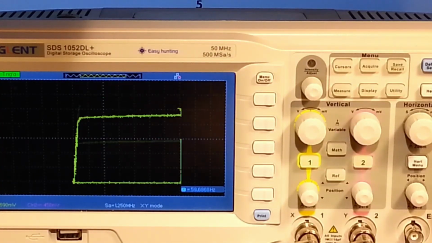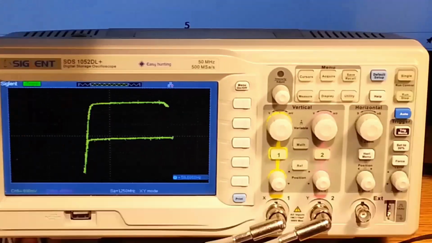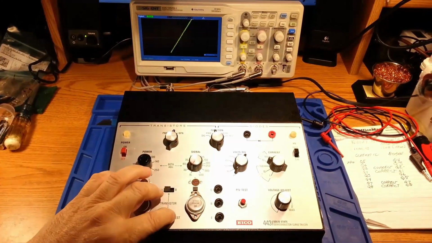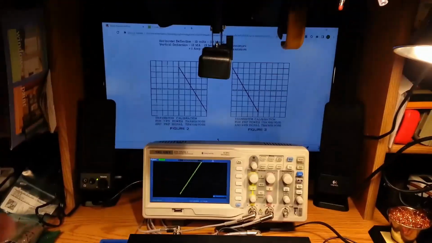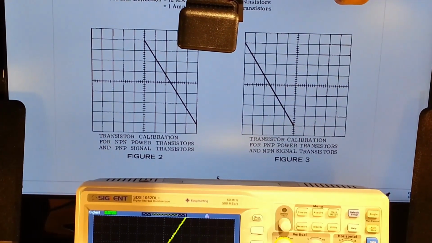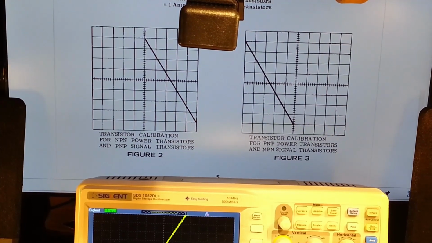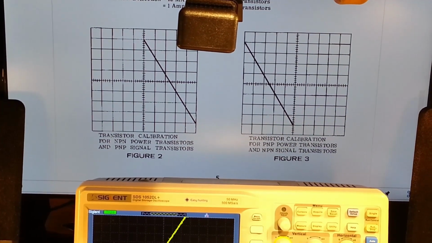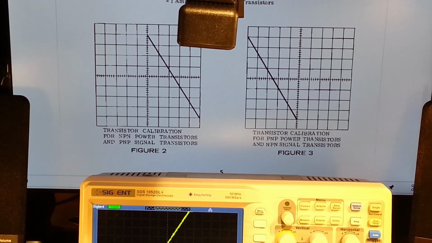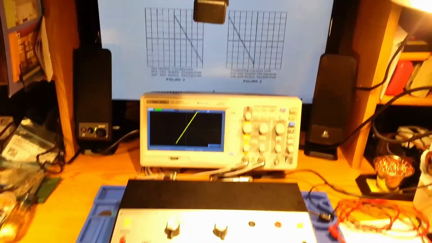And what to do for calibration too is there's a switch on the unit on the bottom, put a calibration signal on, and according to the instructions you're supposed to have a line that is 8 full graticules high by 5 graticules across.